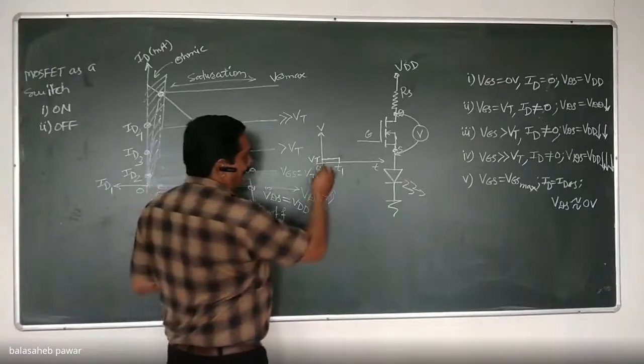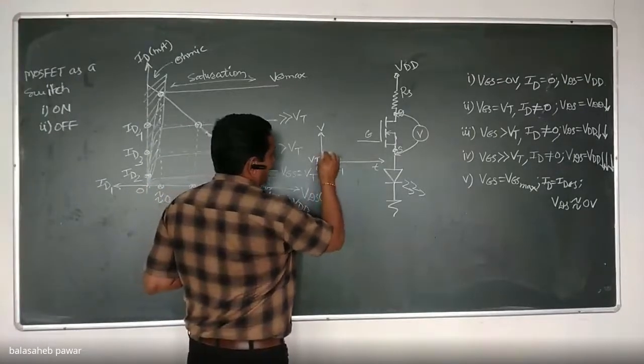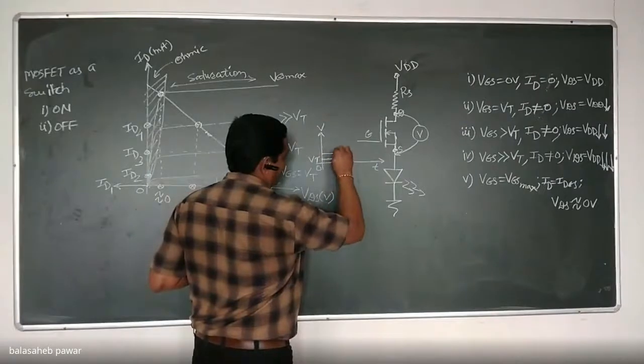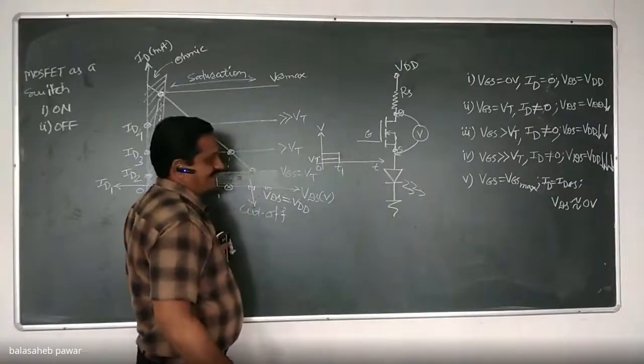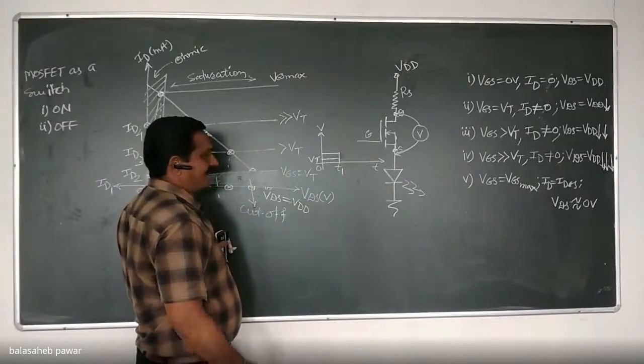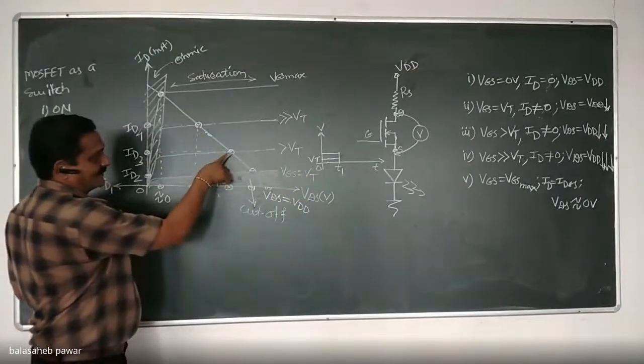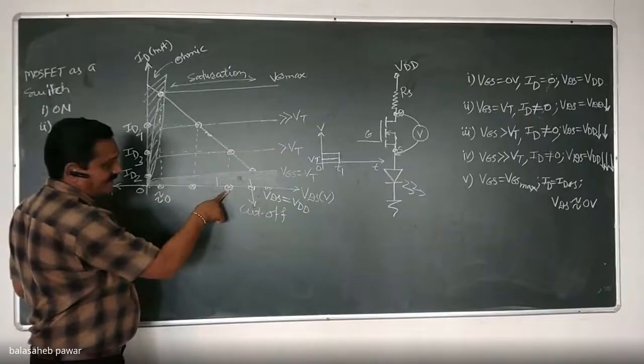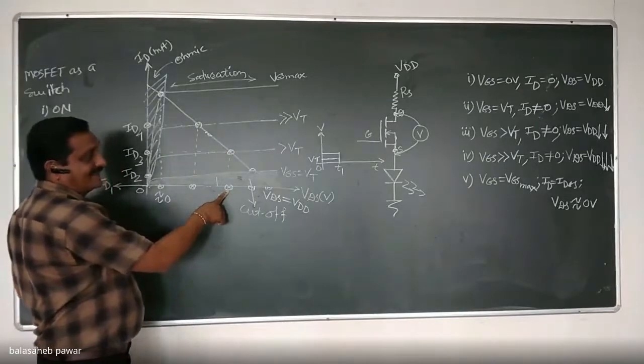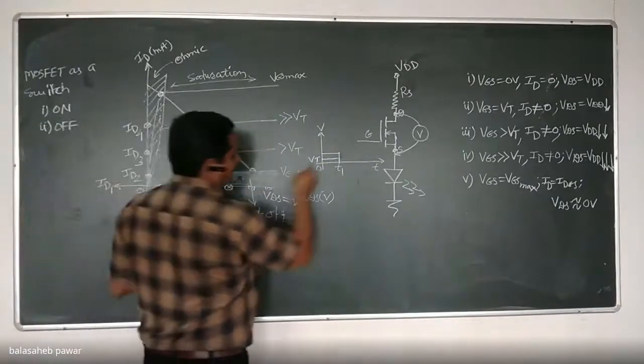If I apply the gate pulse somewhat greater than Vt with the same time duration, where will it operate? Still it will remain in the saturation region. Still there will be a sufficient voltage drop across it, and it should be as low as possible, correct?